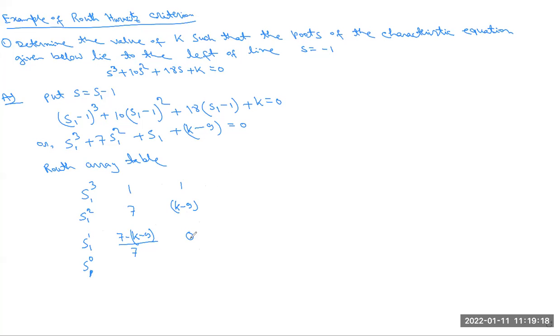What is the value of the S1 to the power 0 position? Easily calculate it: this one multiplied by this one minus 7 into 0, divided by this one. Simplifying, the answer is K minus 9.